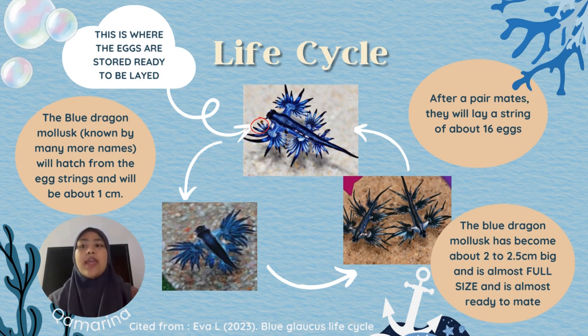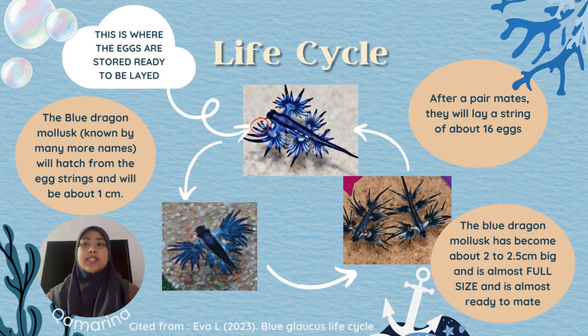This ensures that both individuals can lay fertilized eggs. After a pair mates, they will lay a string of about 16 eggs, and the life cycle repeats again.